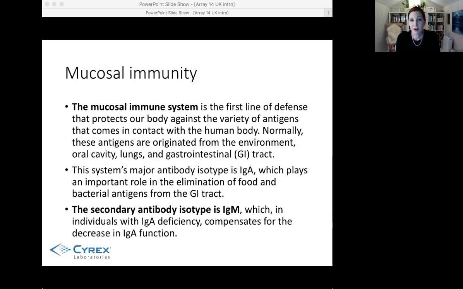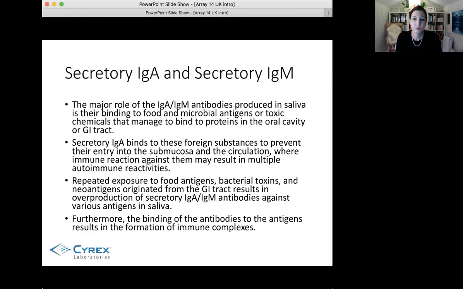That's because of the immune reactions that are occurring locally in the mucosal surfaces. Of course, saliva is the first secretory fluid that is produced as part of the immune response in the mouth before anything even hits the lower parts of the gastrointestinal tract.